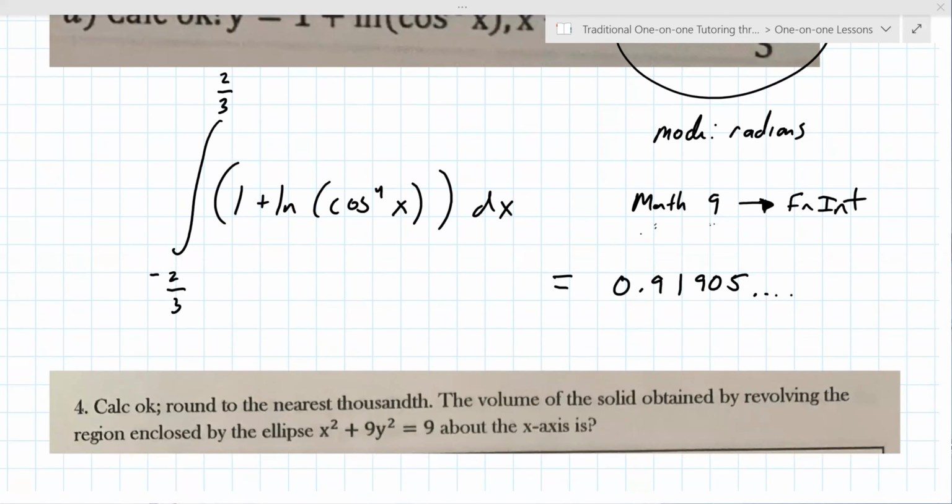All right, so that takes us out of the area and then moves to volumes. The next problem is an ellipse. So you can't actually graph this with the TI-83.